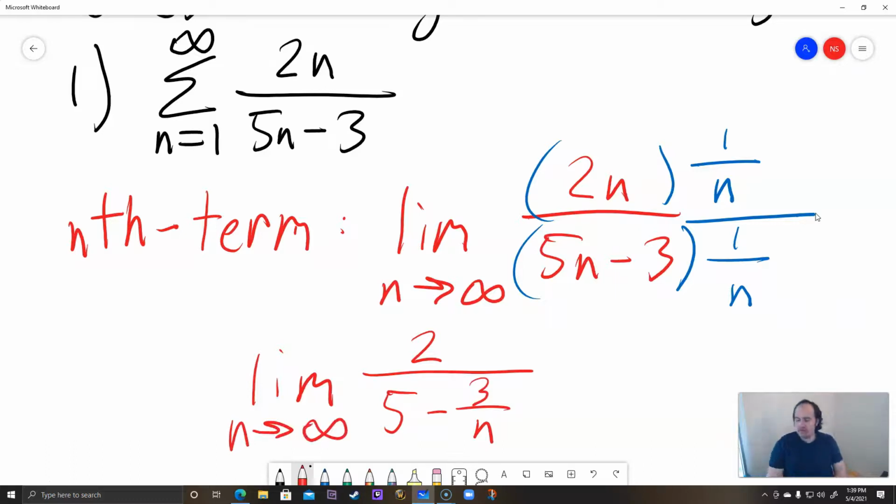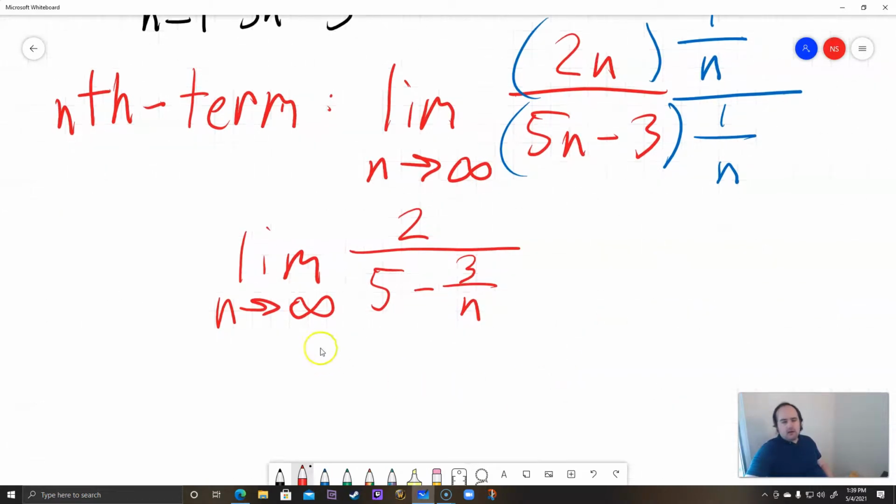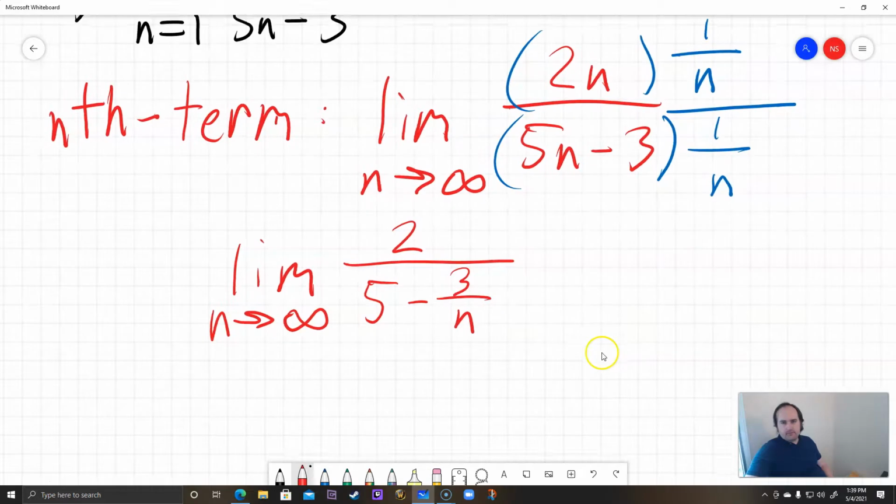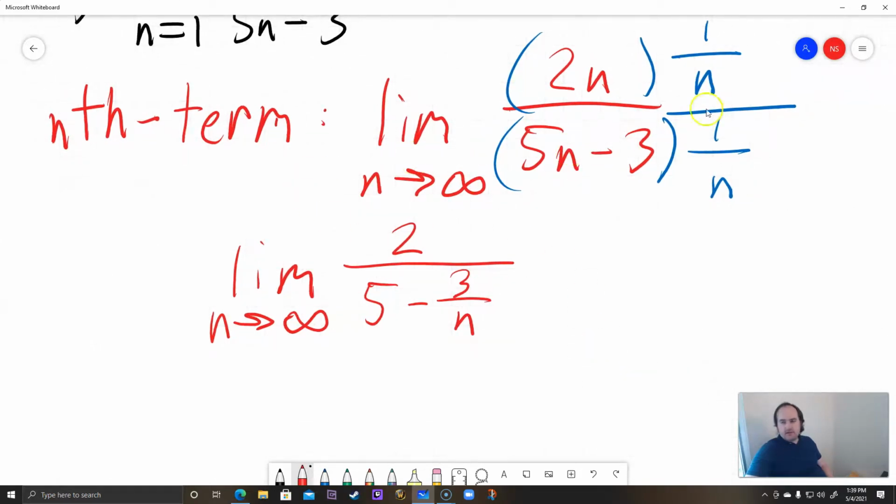We're taking the limit as n goes to infinity of 2 over 5 minus 3 over n. And remember, with these infinite limits, you always multiply the top and the bottom by 1 over the largest power in the denominator. In other words, you divide the top and the bottom by the largest power on the bottom.